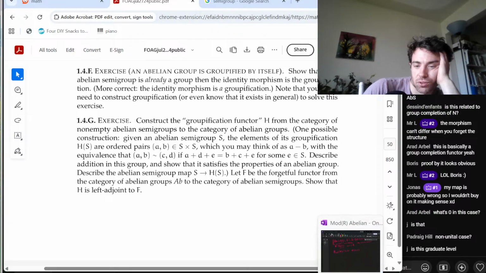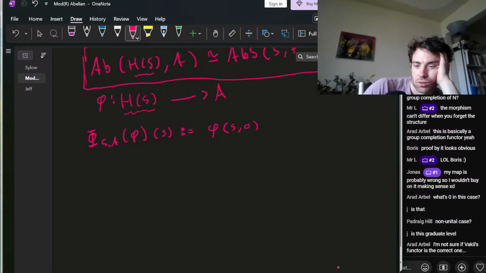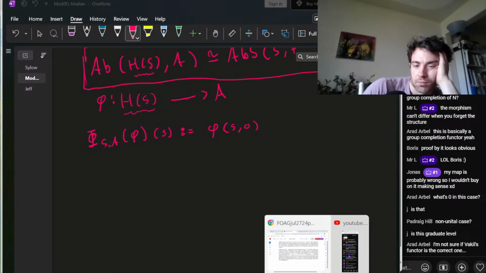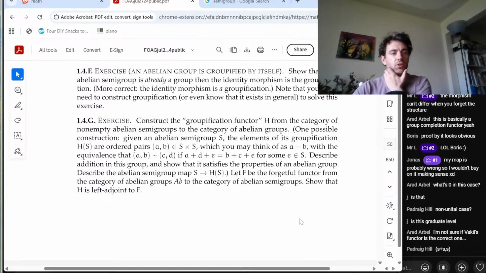How would we define this map then? Oh, it could be there's a typo. How do we define this map?